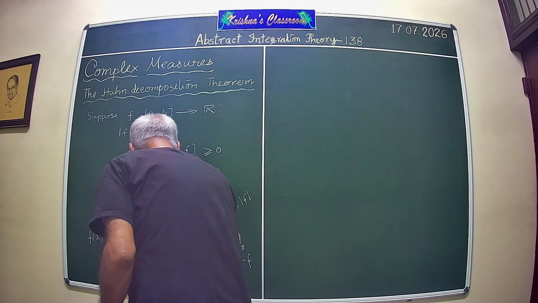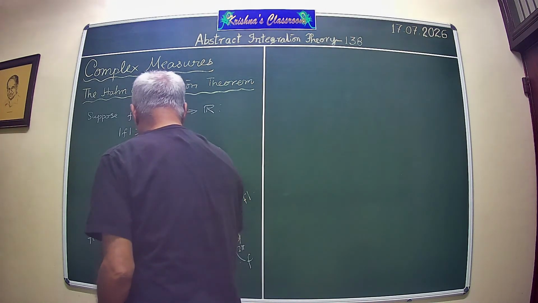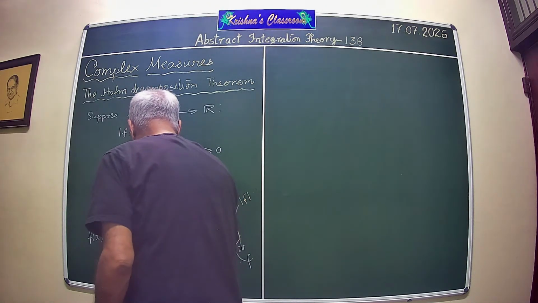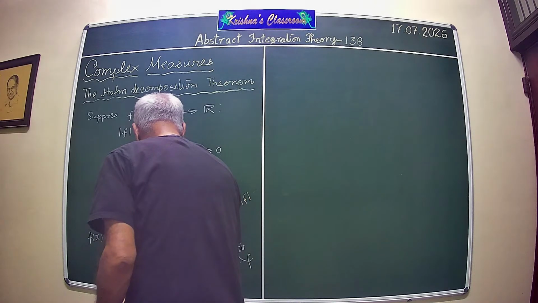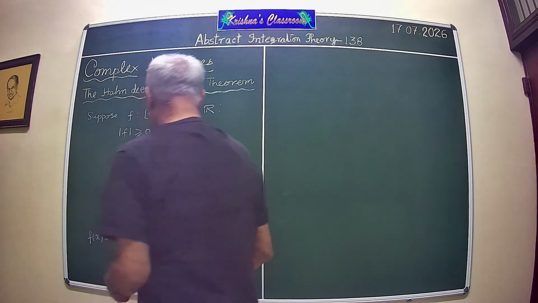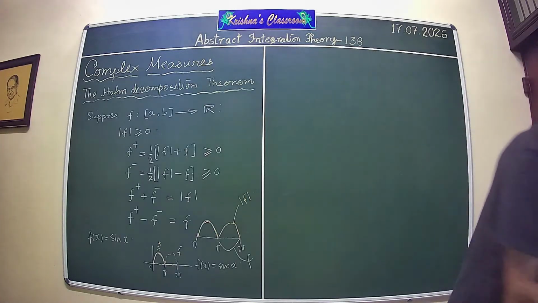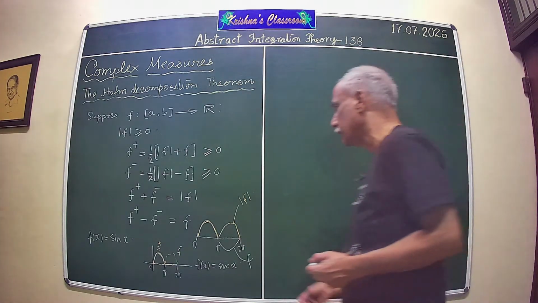So you split it up into f plus and f minus. You take the difference of these two, and you get f.